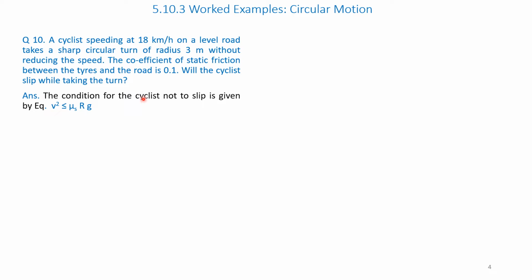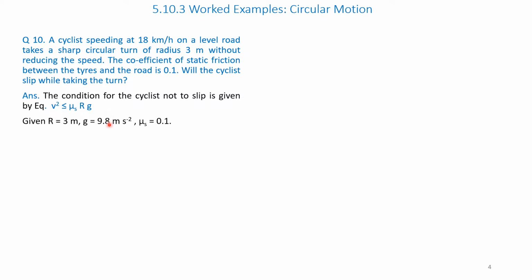Hence, the condition for the cyclist not to slip is given by the relation v square is less than or equal to mu s into r into g, where v is the speed, mu s is the coefficient of static friction, r is the radius of the circular turn, and g is the acceleration due to gravity.